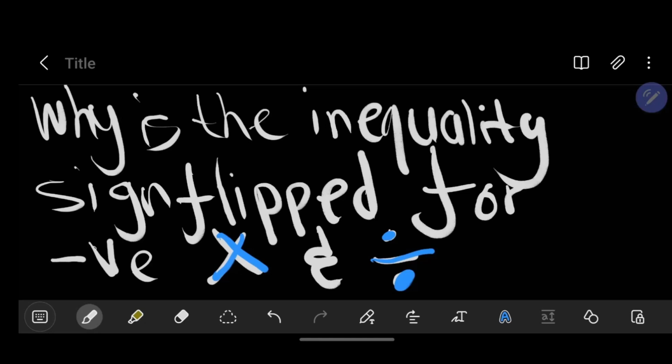So in today's lesson, as promised in my interval notation and inequalities video, I want to discuss why the inequality sign is flipped when we multiply or divide by a negative number. The main reason for this is we need to ensure that the inequality still remains true.